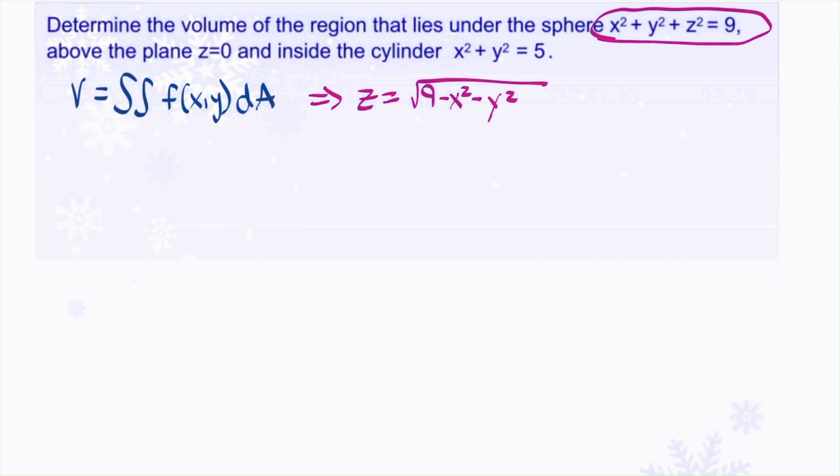Typically, I would have to do plus minus, but it says it is above the plane z equals 0, so we're not going into negative z's, so we're not going to consider a plus minus. When I look at what this thing looks like, here's the xy plane, here is z. You essentially have a sphere, 1, 2, 3, 1, 2, 3, a half sphere, a semi-sphere, if you will.